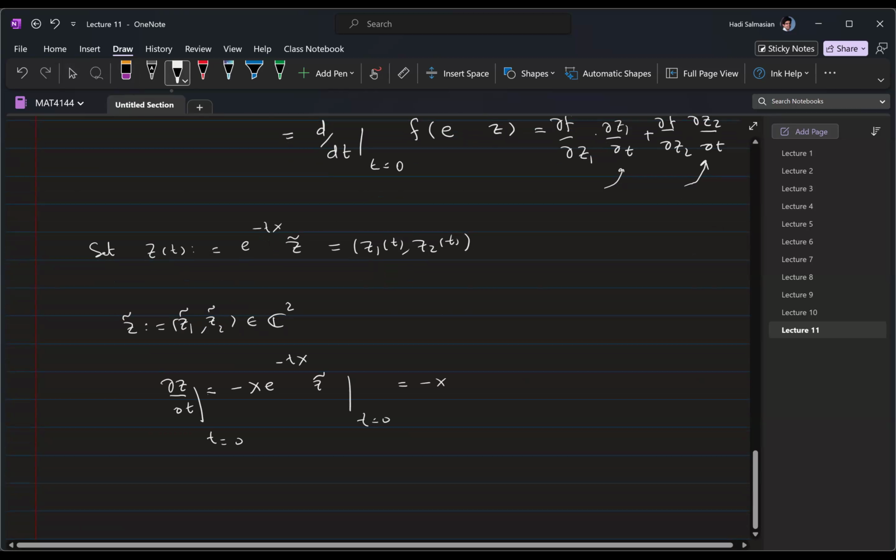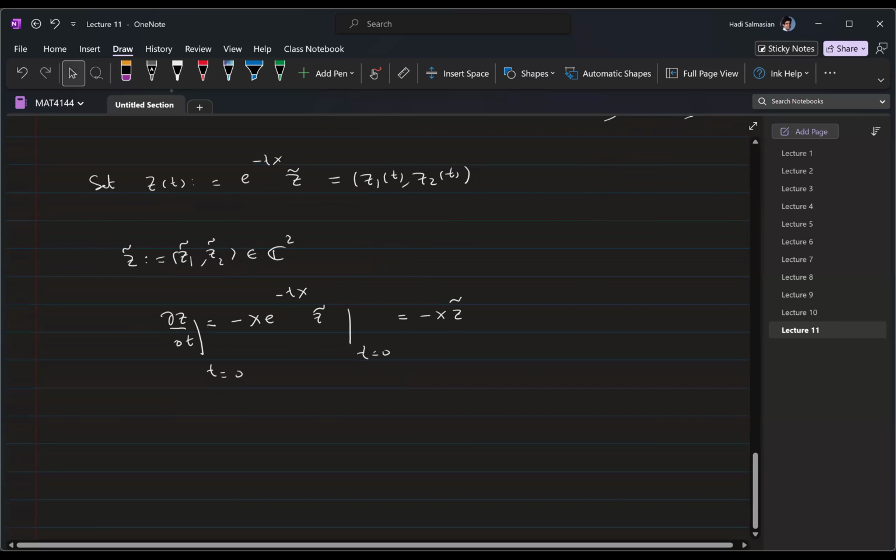I end up with minus x z tilde, okay? And if I write x as a matrix x11, x12, x21, x22, I end up with this formula as minus x11 z1 tilde minus x12 z2 tilde.